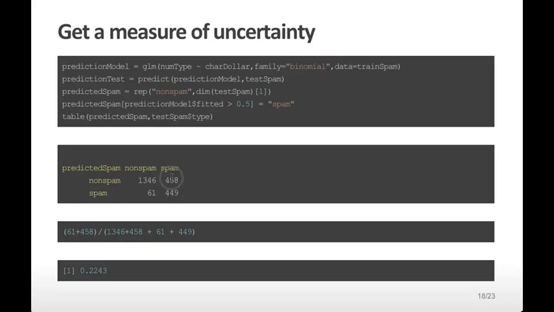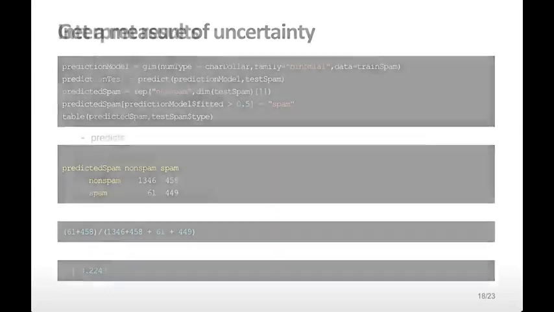We're not very good at detecting spam because it's about 50-50 whether we detect a spam email. Overall, we can calculate the error rate by adding up the number of mistakes we make and dividing it by the total number of emails that exist. It turns out that we have an error rate of about 22%, which for this specific data set isn't necessarily that great, but that's because we've only used one particular variable in our model.